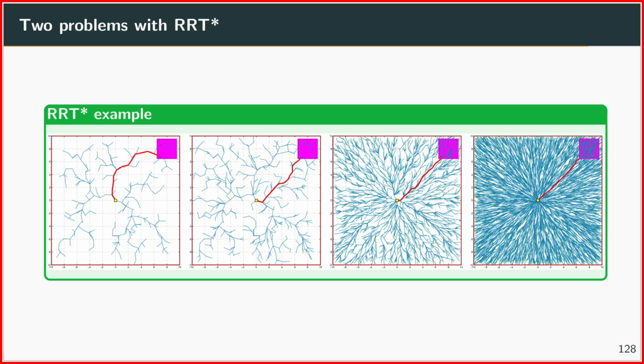You can see here, this is one run of RRT star where it converges very nicely to the optimal solution. But there are some things which don't really make sense with RRT star. So one is that it's not prioritizing the best cost paths first, like in A star.